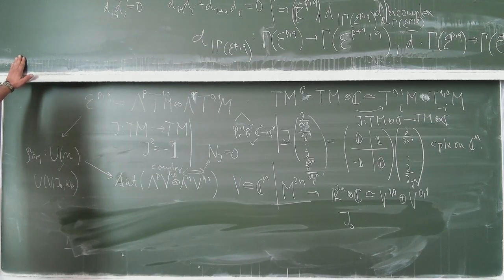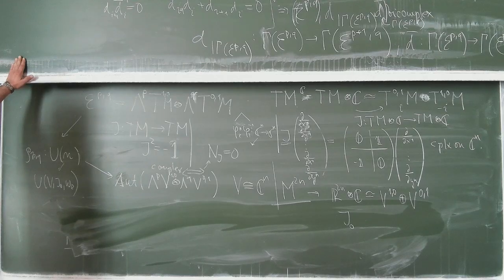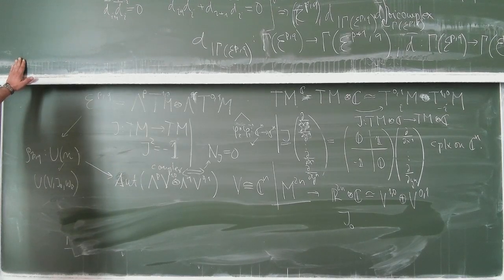It can be proved that they have the same dimension whenever J0 is such that J0 squared is minus 1.